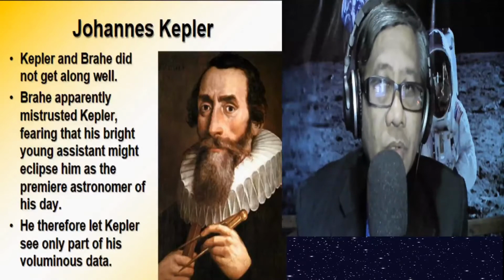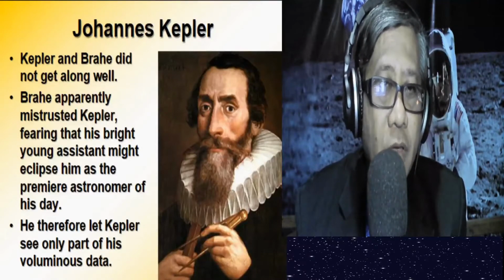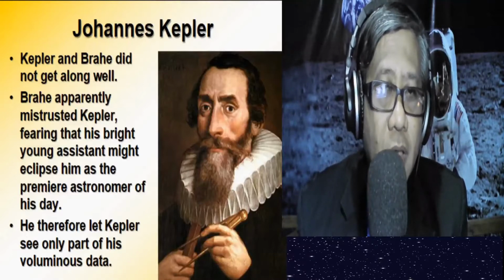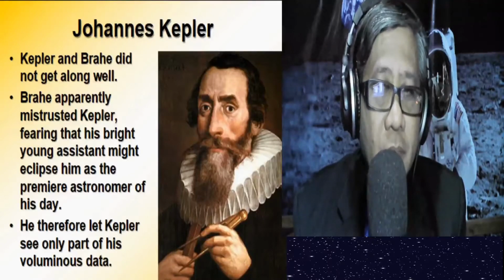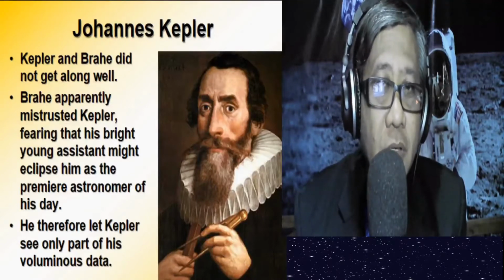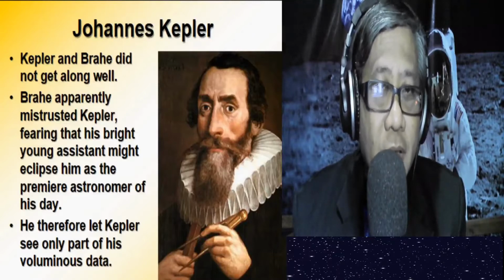Okay? So Tycho Brahe apparently mistrusted Kepler, fearing that his bright young assistant might eclipse him as the premier astronomer of his day. Kasi magaling si Johannes Kepler sa math. So medyo na insecure si Tycho Brahe.